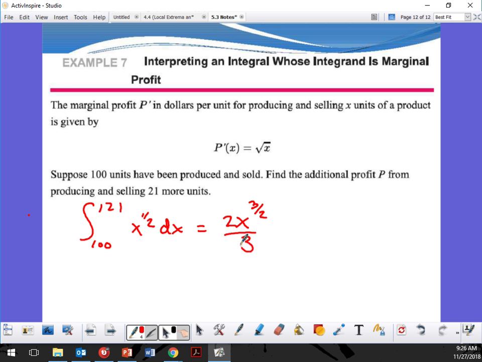Yeah, okay, very good. From, there we go. Okay, so let me see. That's going to be the upper bound. So that's going to be square root of 121, which is 11. 11 to the third power times 2 is, I don't know.